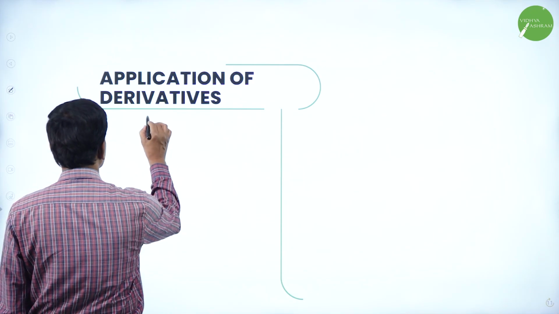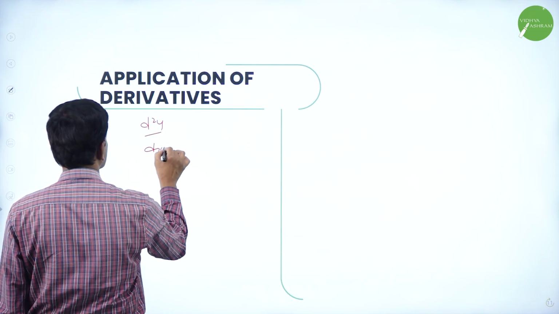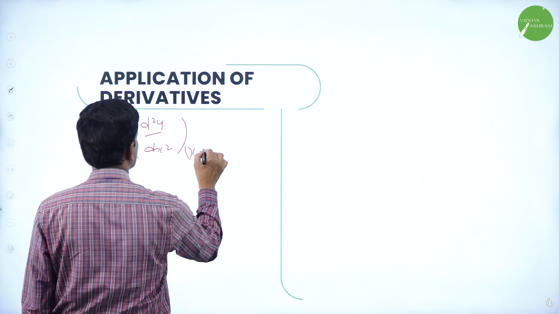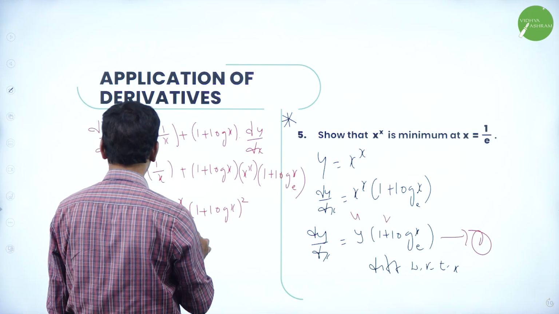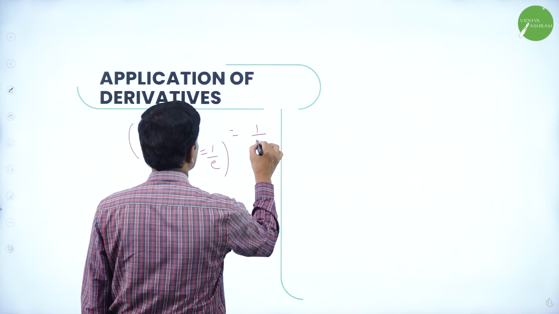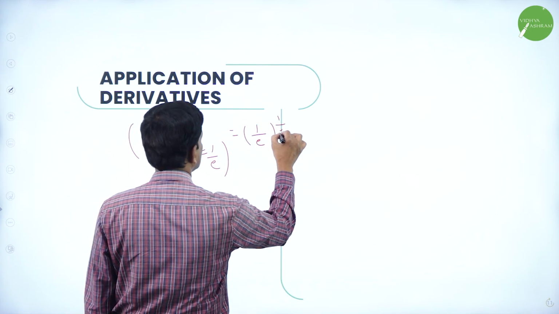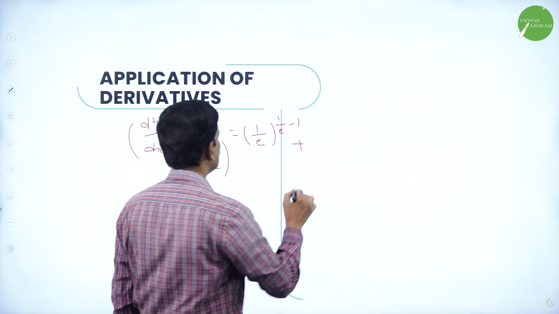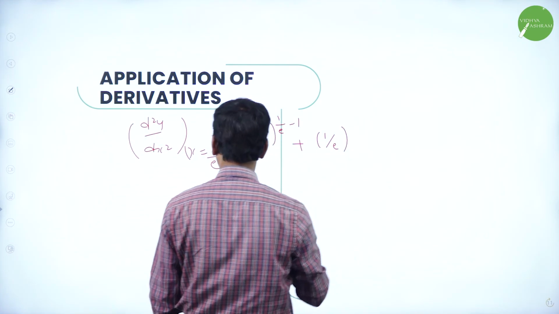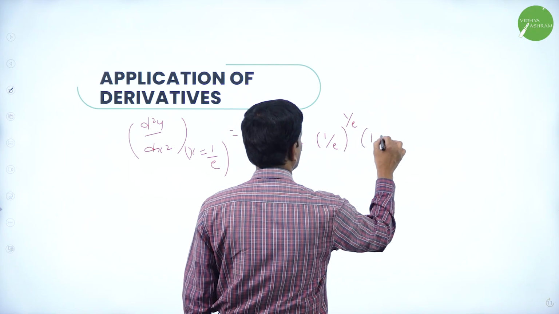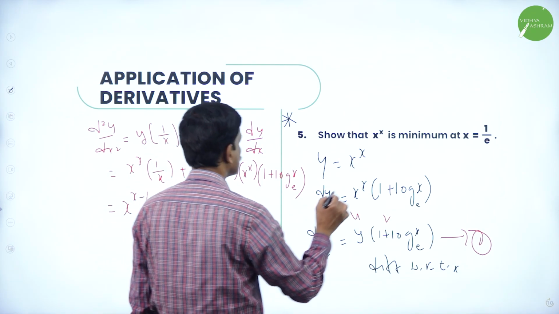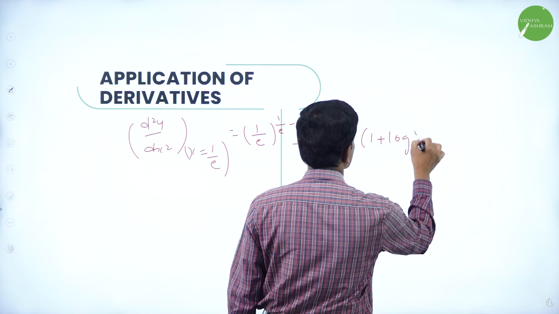So that is d square y by dx square at x is equal to 1 by e. X is equal to 1 by e, so (1 by e) to the power of (1 by e minus 1) plus (1 by e) to the power of (1 by e) into (1 plus log x) the whole square, where x is 1 by e.